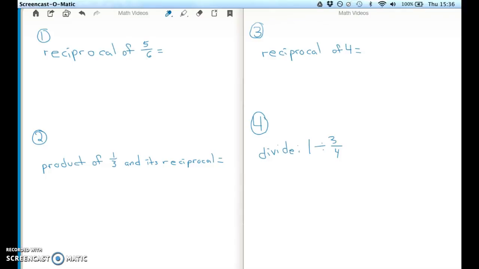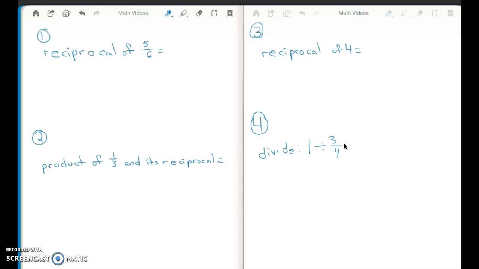That way you can have each of the problems as well as their answers in your notebooks. All right. The reason I'm really harping on this is because division of fractions is one of the things that Mrs. Waller says is the most important for you to have a strong grasp of as you go into middle school math. All right. So as you write these down, we'll go through them together.